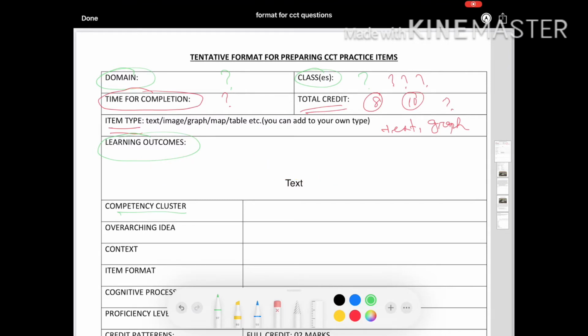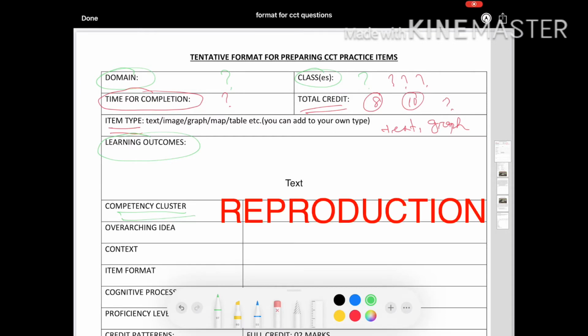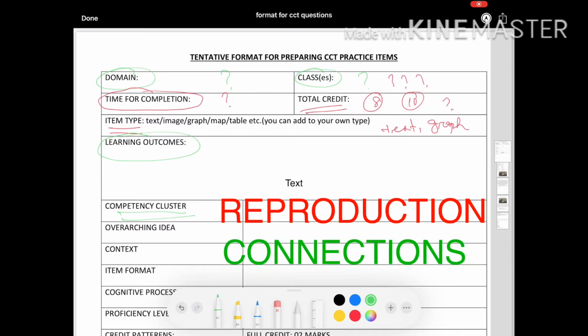Next is competency cluster. There are 3 competency clusters: reproduction, connections and reflection, which define the type of thinking skills needed. If your question consists of simple computations or definitions of the type most familiar in conventional mathematical assessment, then you write reproduction here in the characteristic column.